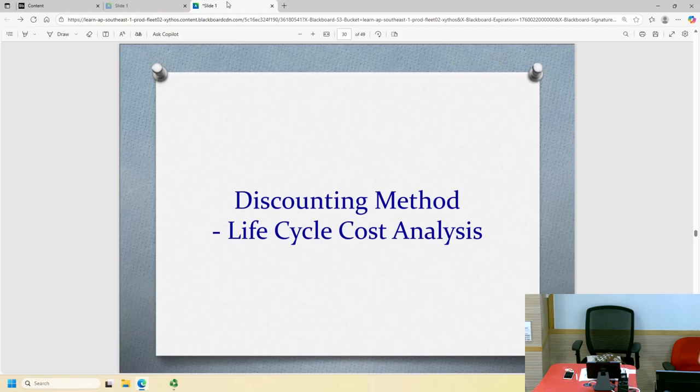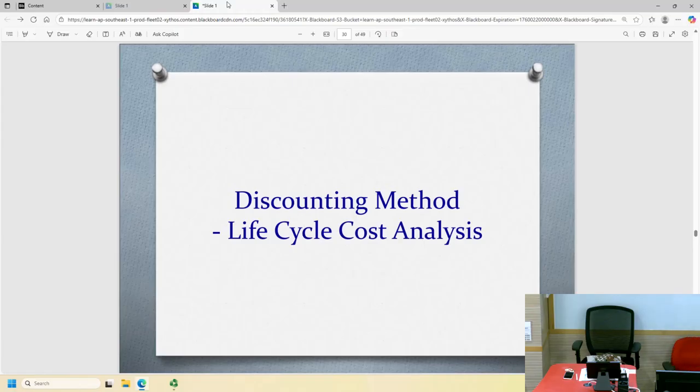Okay, so let's carry on. Before the break, we have learned about the payback period, a simple payback period, and also the concept of discounting method and net present value. And for the earlier example, we use 6 years as the study period.